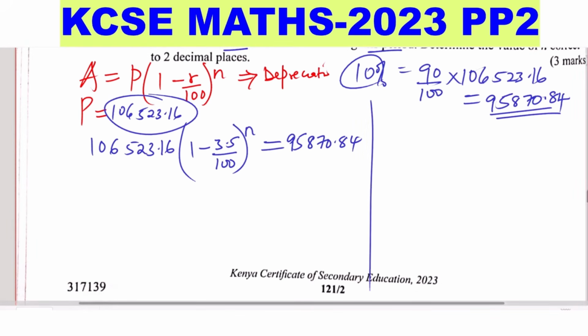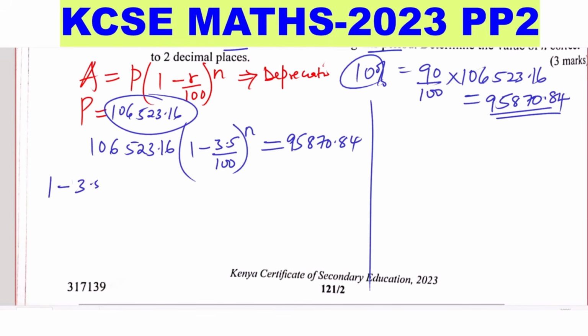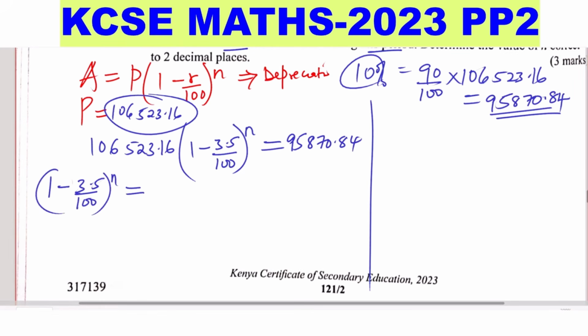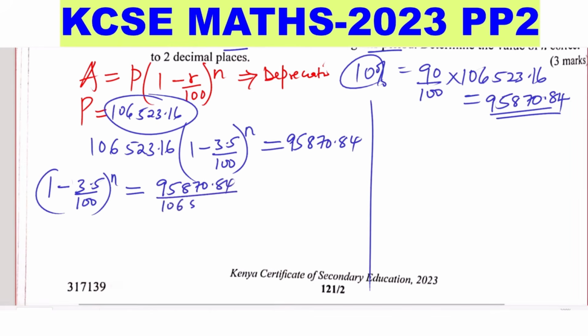Let's find n. So we start by dividing both sides by 106,523.16. So we'll have (1 minus 3.5 over 100) raised to power n is equal to 95,870.84 divided by 106,523.16.